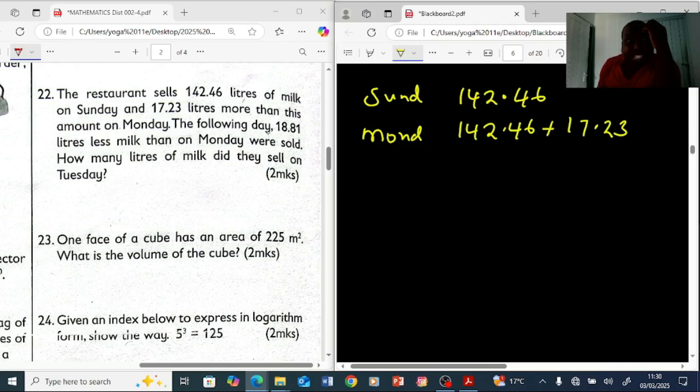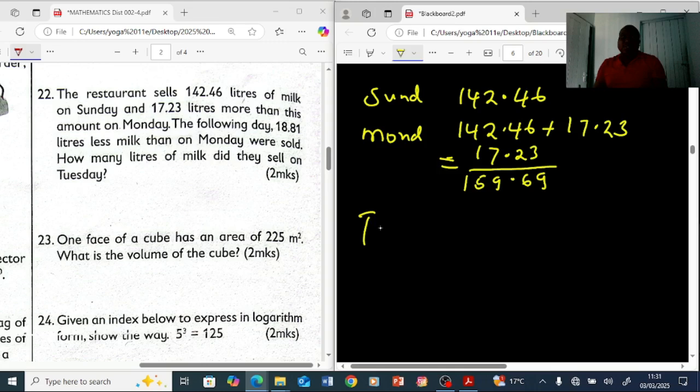The following day, that is on Tuesday, 18.81 liters less milk than on Monday. So let's get the total on Monday. Put 17, dot 23. So on Monday we have 9, 6, 9, 5, 1. So Monday is 159.69.